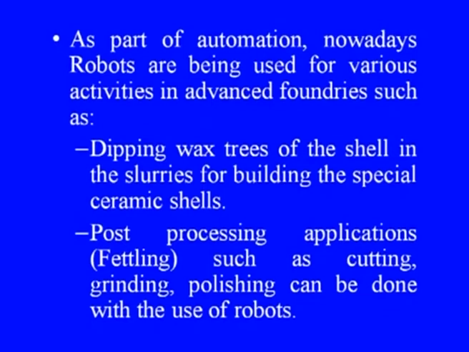Then another important thing is post processing applications, which is also called fettling, such as cutting, grinding, polishing. All this can be done with the use of robots, because once the part to be cast is fixed, then the defects that will be produced will also be fixed for a particular pattern, or we can say for a particular batch.